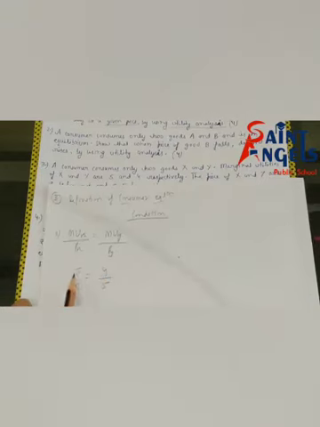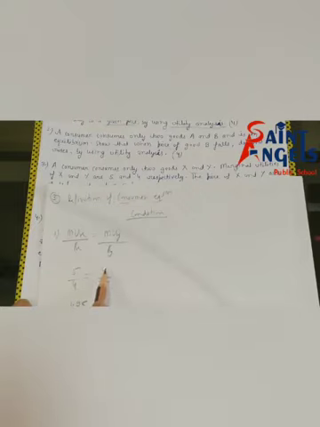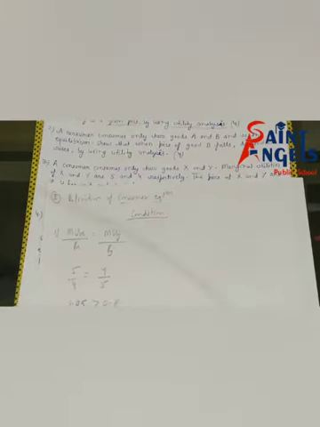What does it mean? When you divide 5 by 4, you will get 1.25, and 4 divided by 5 is equal to 0.8, means 1.25 is greater than 0.8.